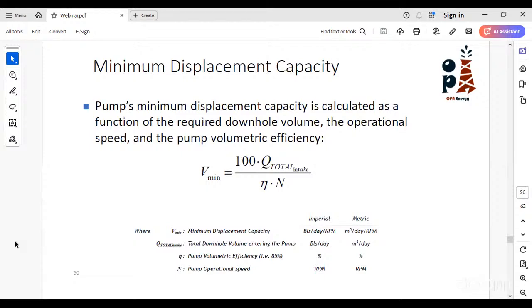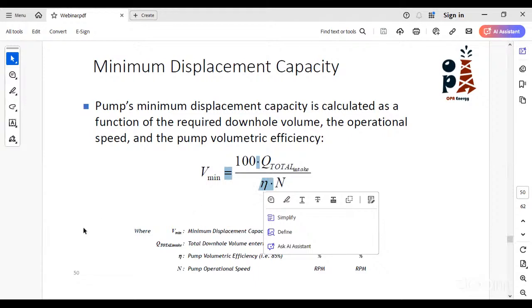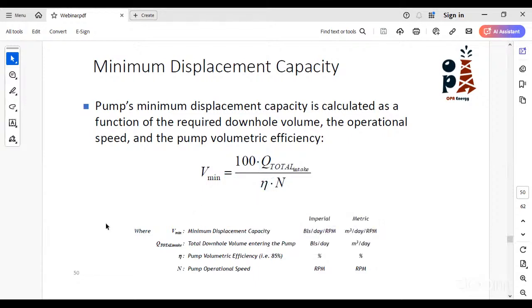So this Q total that we require, we divide by the efficiency of the pump, which was also given in the example, and by the design RPM that you have, to give you the minimum flow rate in this unit, cubic meters per day per RPM, or even barrels per day per RPM. This is the unit designation for your system.